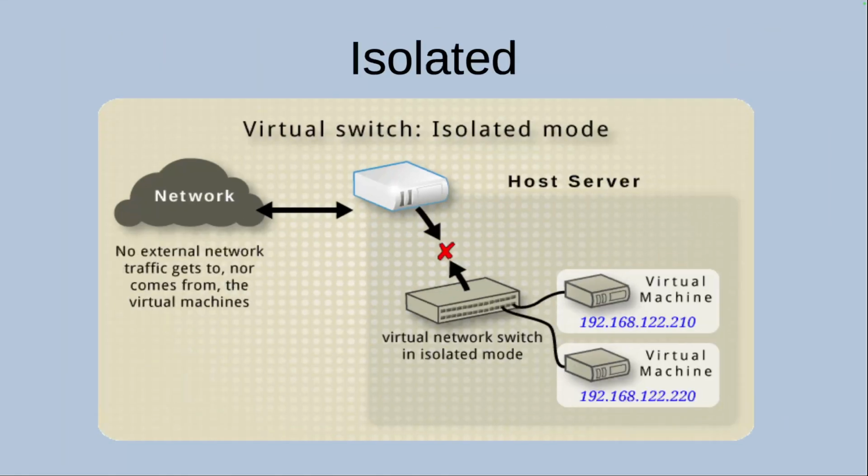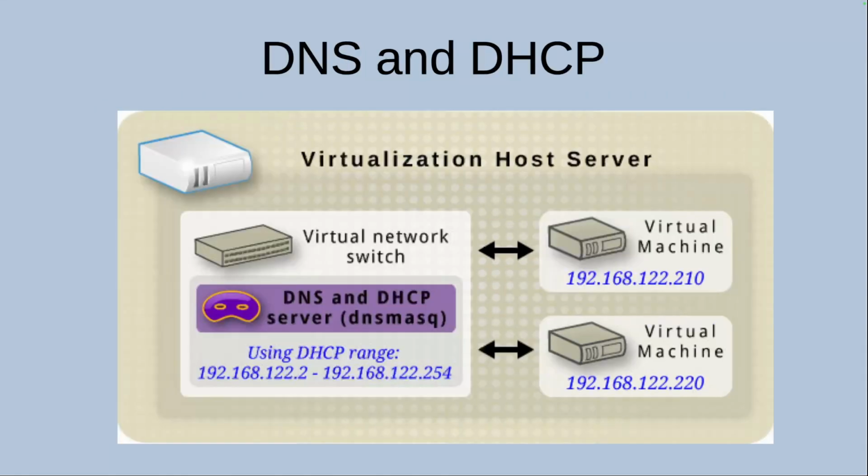Yeah, so let's go ahead and get back to DNS and DHCP. DNS and DHCP are going to be handled by the virtual switch, especially if we're looking at something in NAT mode or in isolated mode. This changes when we start talking about a routed one, because it's still going to be going through that switch, but it's basically going directly onto the local network, and it's going to go through those channels that the local network goes through for DHCP and DNS.